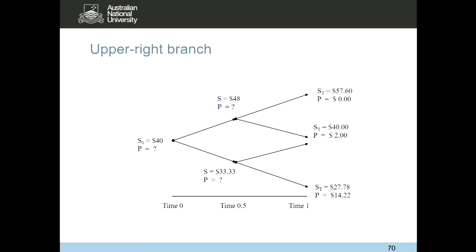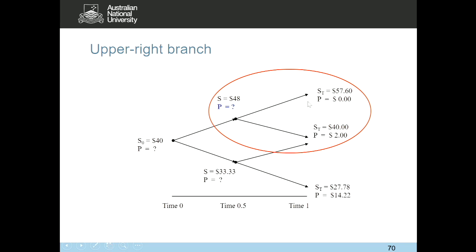Again, we're going to start with the upper right branch. We're standing at this node, and we're thinking, what would be the expected payoff of this put option 6 months from today? Same story as before.